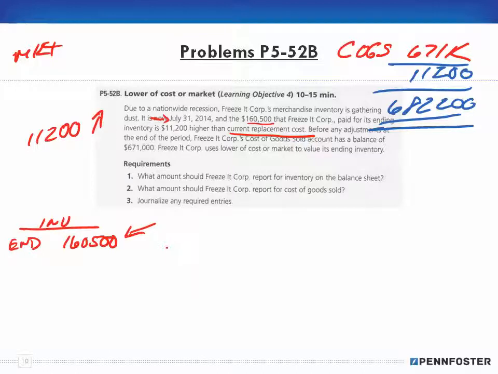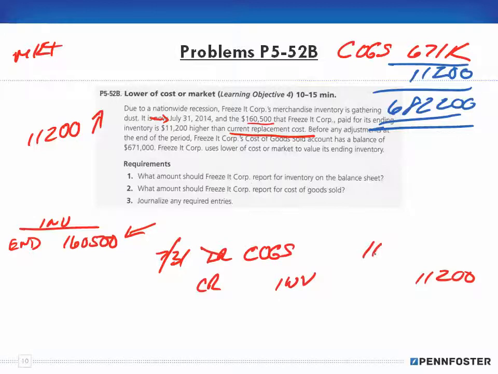this would be dated 7/31. We're reducing our inventory. Inventory is an asset, so when we reduce assets, we credit our assets. So I'm going to credit my inventory by 11,200, and debits have to equal credits. So I debit my cost of goods sold for $11,200, and then of course I would write down inventory to market value.